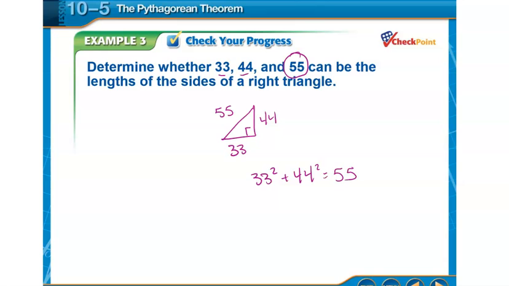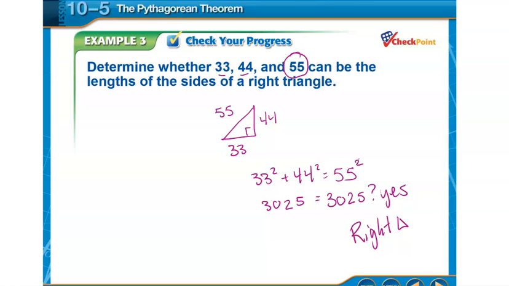And when we go through the math of this, this is going to be 3,025 on both sides. Yes, this is a right triangle.